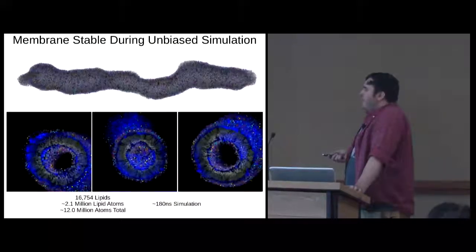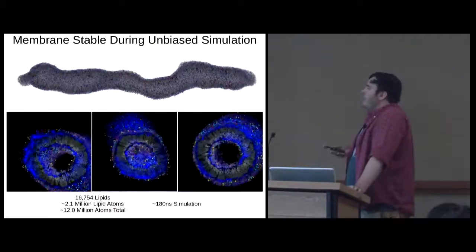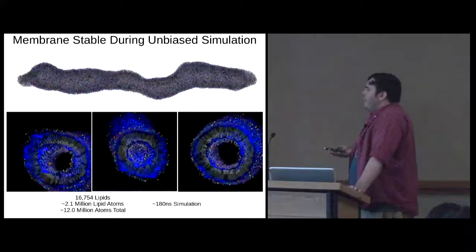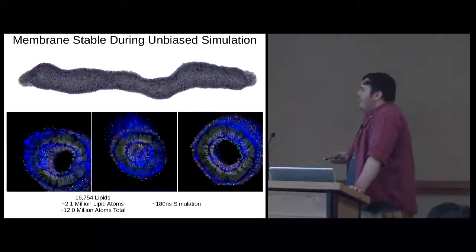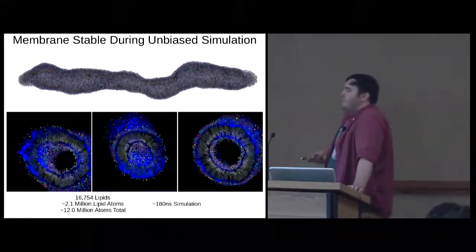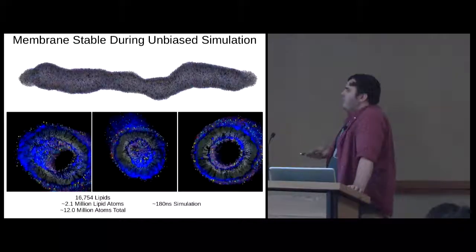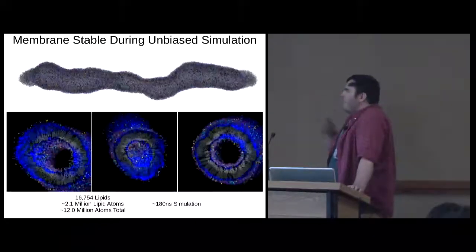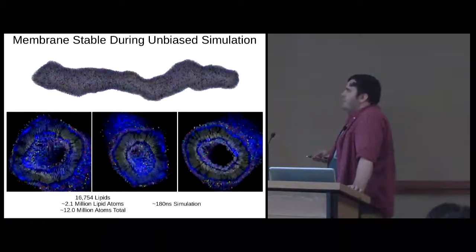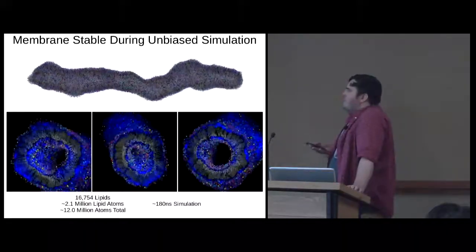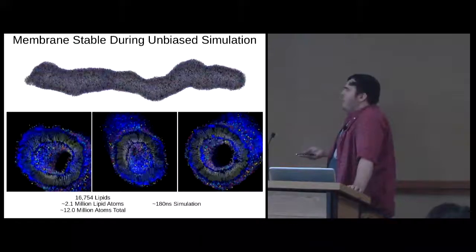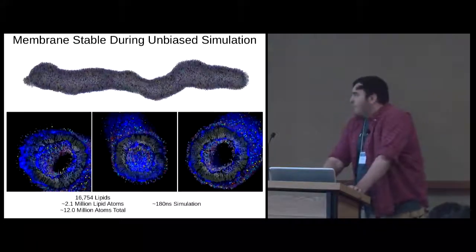But if you look at the cross sections of the membrane, overall their integrity is maintained, which was not the case for earlier versions of this simulation. And we're willing to say that we're fairly happy with the results with the model that Xsys Builder was able to produce. And so with this result, we moved on to trying to incorporate membrane proteins.